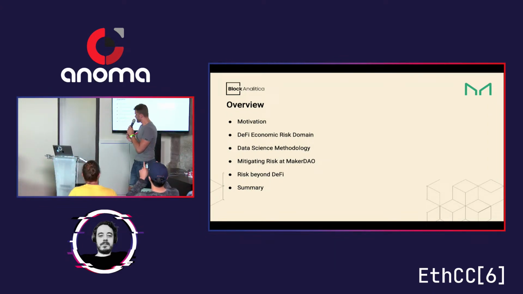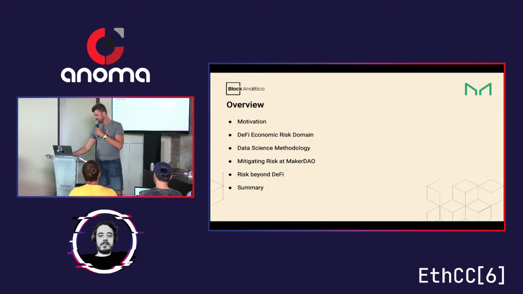I will continue with an overview of different data science methodologies and how they can be applied to token systems. Then I will provide the first case study at MakerDAO of our own work, and continue providing some other examples beyond DeFi, that means different L1 protocols and so on. And finally, I'm going to summarize some of the insights from the talk.